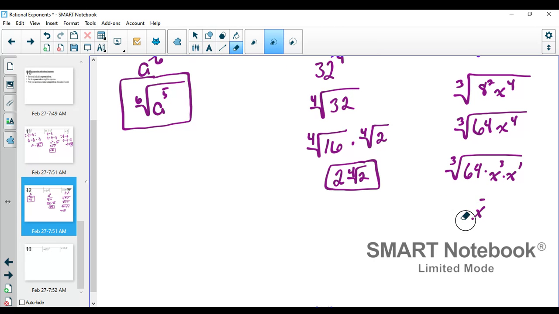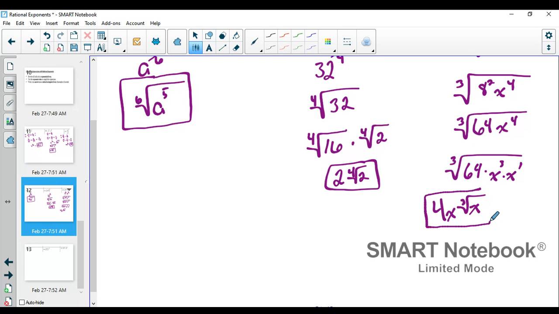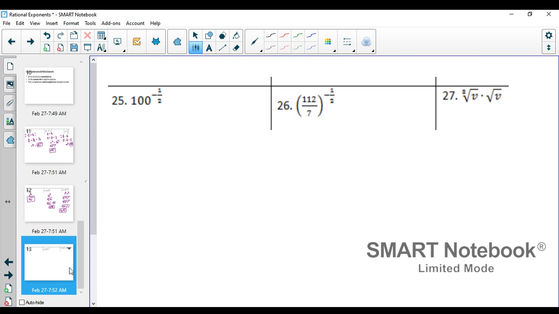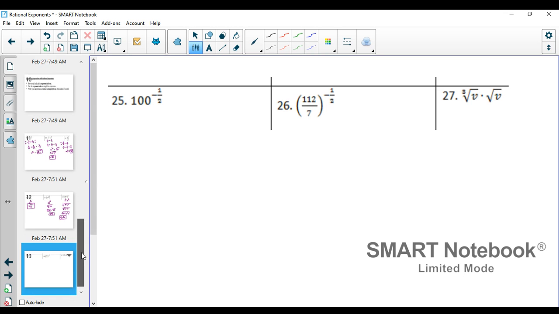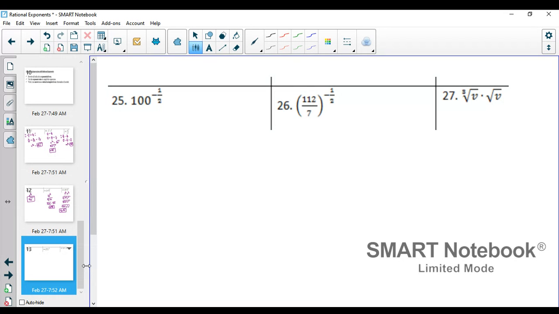So the final answer for this one is 4x, and then the cube root of x. And there we go.